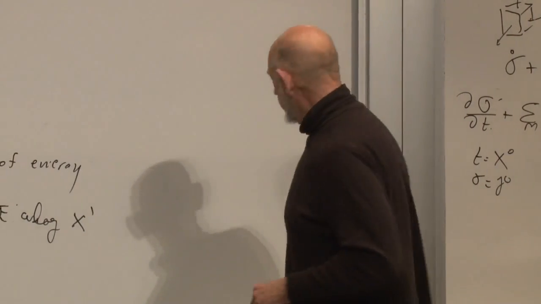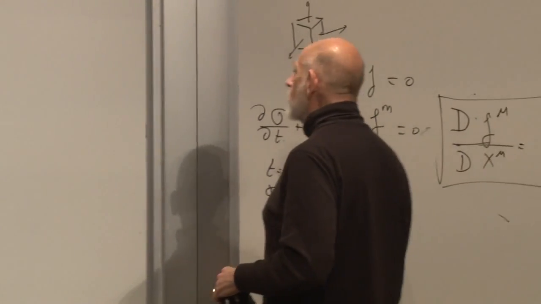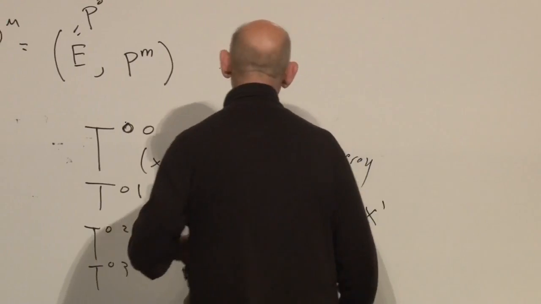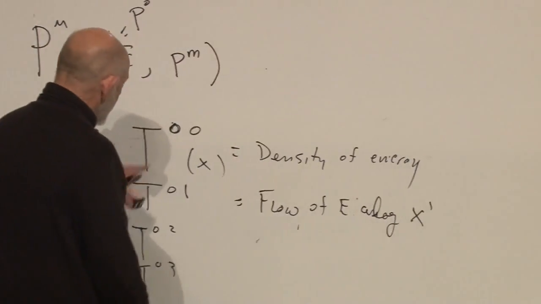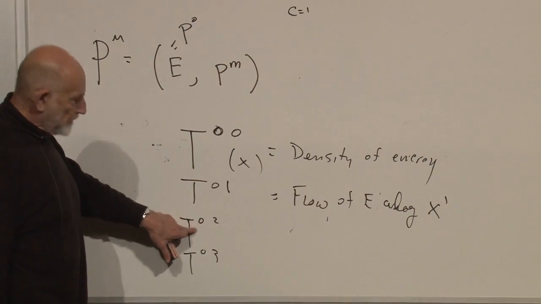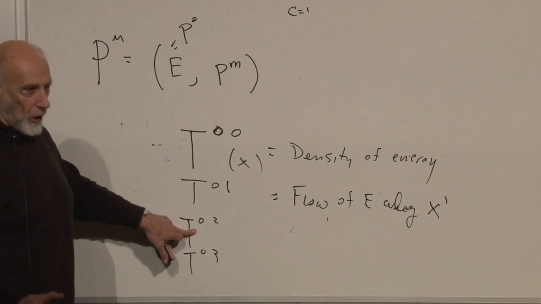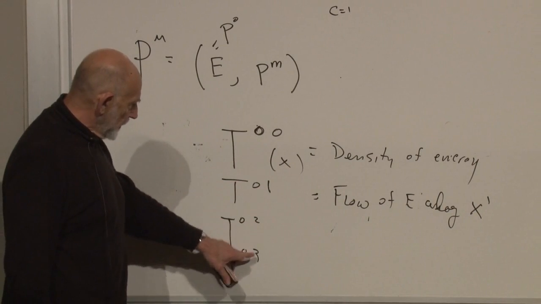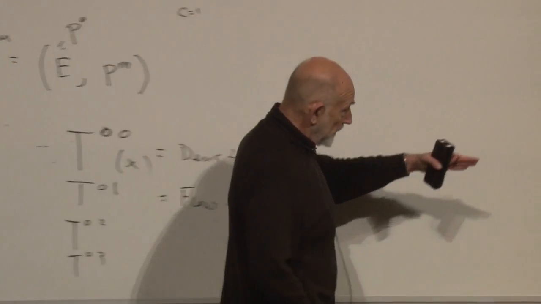Exactly the same way as the continuity equation is derived, the continuity equation for energy is derived. What does it say? For the moment, the first index here is just passive. It just tells us what we're talking about. We're talking about energy. It's the 0, 1, 2, and 3 here which are like the components of the current.